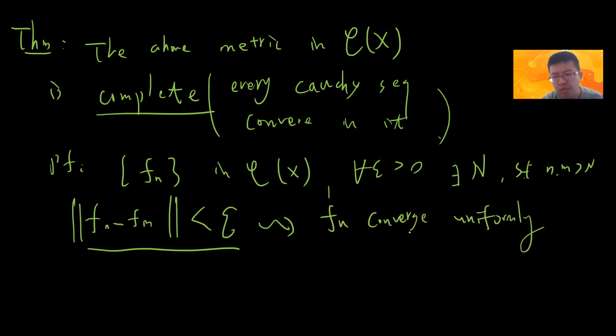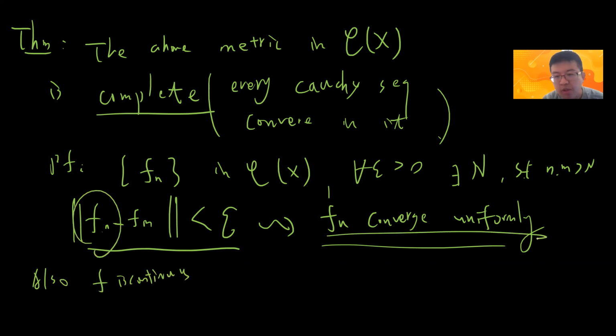I think it was maybe two or three videos before that. Okay, so I will post a link below if you haven't seen this proof. I think it's in one of my previous videos. So Fn will converge uniformly, and also F is continuous. The reason is that Fn is continuous and Fn converges uniformly, right?